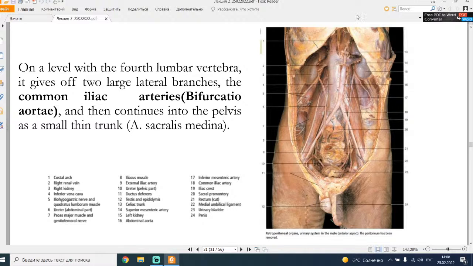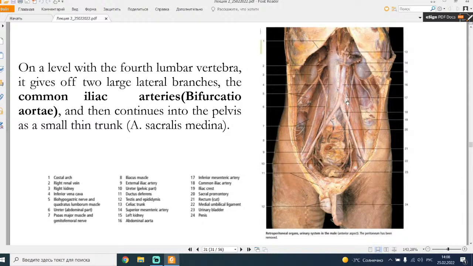At the level of the fourth lumbar vertebra, it gives off 4 large lateral branches, the common iliac arteries, arteria iliaca communis dextra and arteria iliaca communis sinistra.